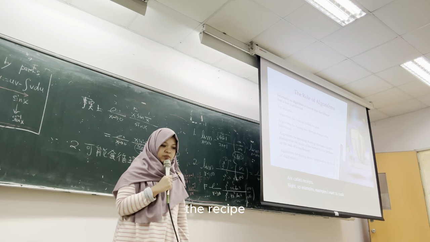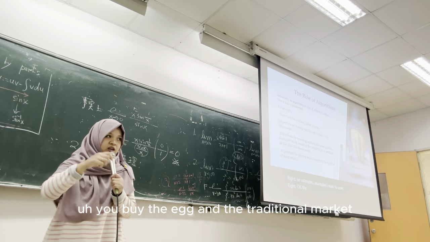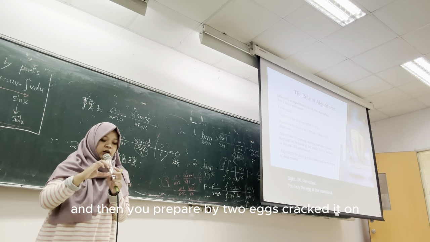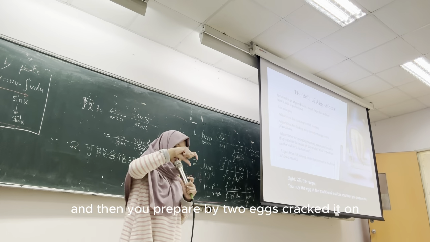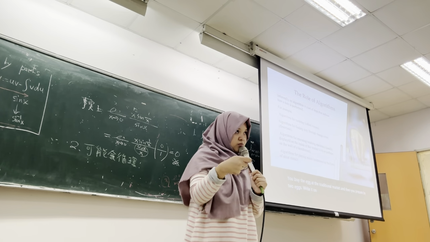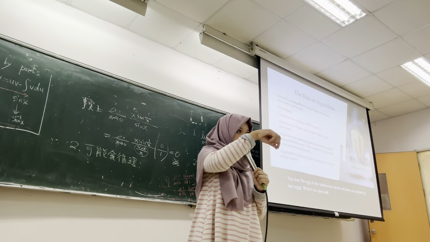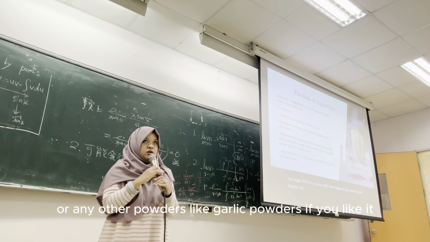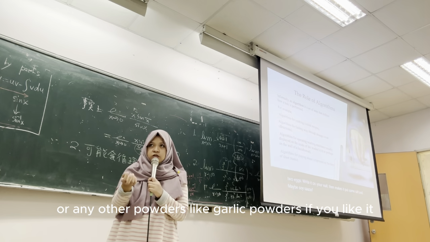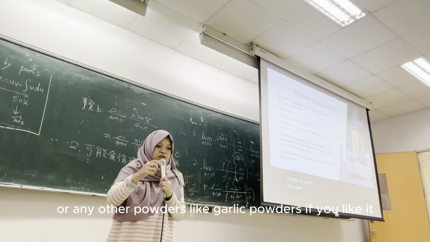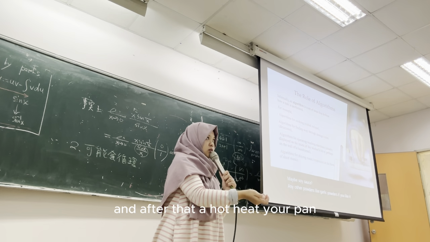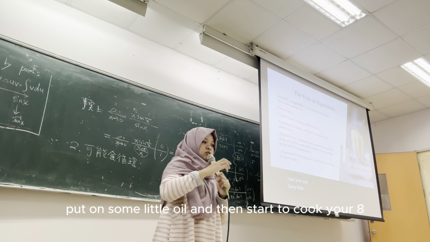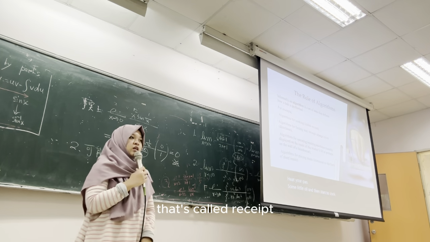You buy the egg at the traditional market, and then you prepare like 2 eggs, crack it on your bowl, then mix it, put some salt and maybe soy sauce or any other powders like garlic powders if you like, and after that heat your pan, put on a little oil, and then start to cook your egg. That's called recipe.